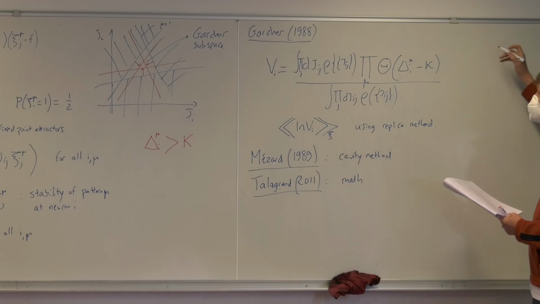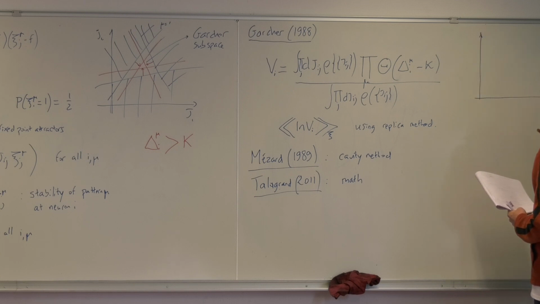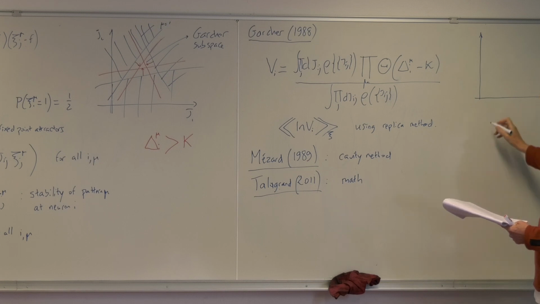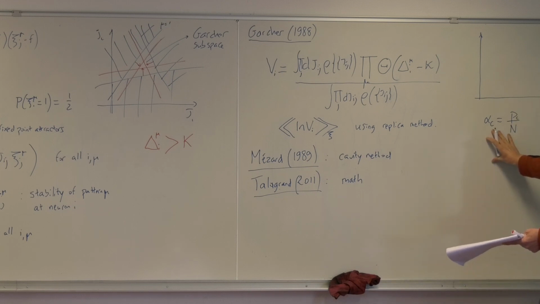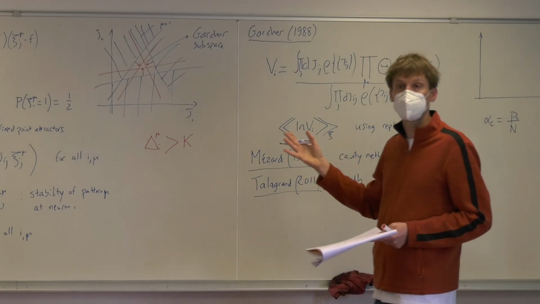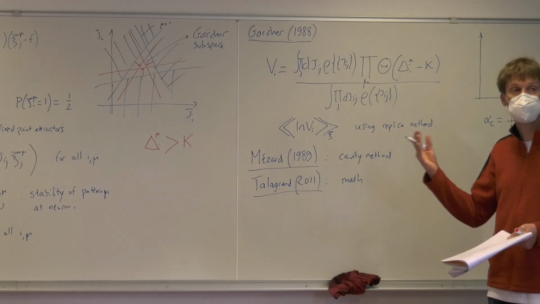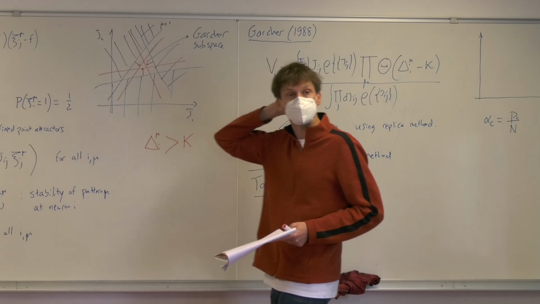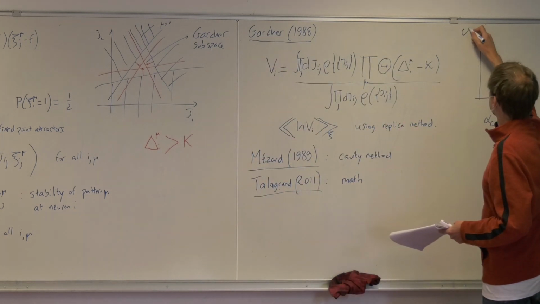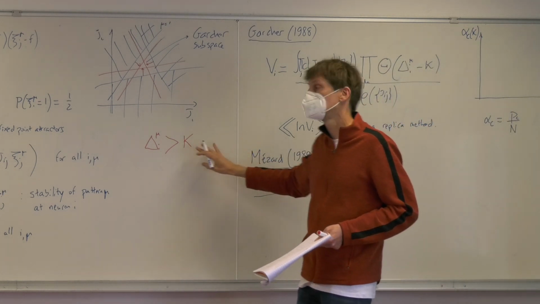The main result of Elizabeth Gardner is to compute the maximal capacity of the system, alpha c, which is again this ratio between p and n. Alpha c is the largest value of alpha for which the Gardner volume is non-empty. It is the point at which this Gardner volume shrinks to 0. She computed this as a function of the robustness parameter kappa.